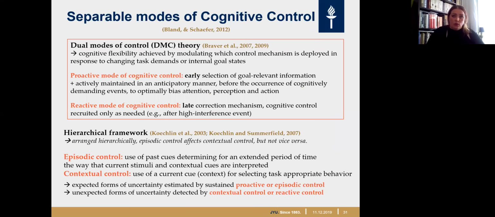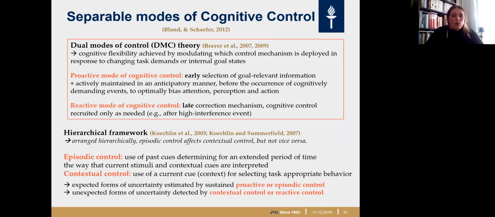There are also different modes of cognitive control. DMC theory, which means cognitive flexibility achieved by modulating which control mechanism is deployed in response to changing task demands or internal goal states.